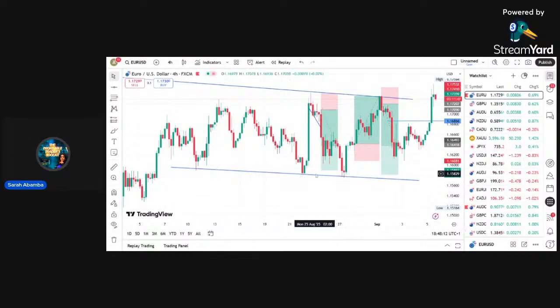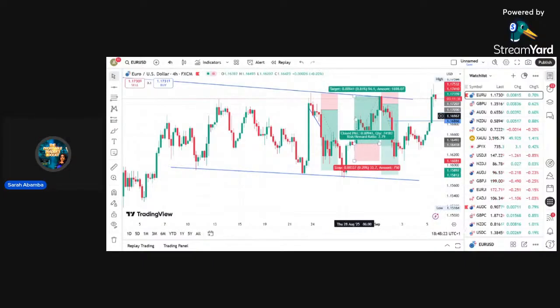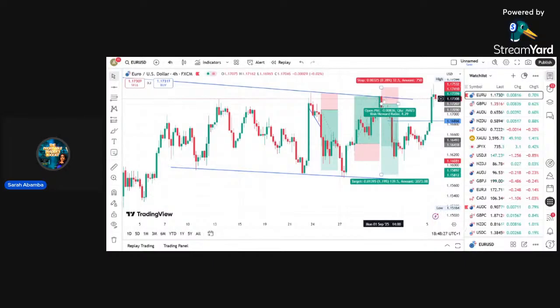Then I marked this. This was earlier, last week. Then I marked this support here. Then as it was going up, I still didn't know on time. I placed a buy order. When it got here, this one I really caught very well. I took a sell order on the way down.